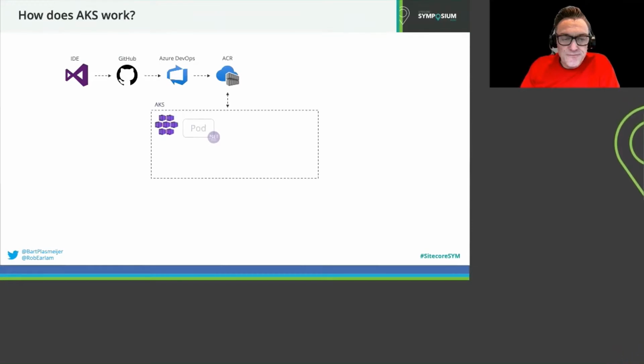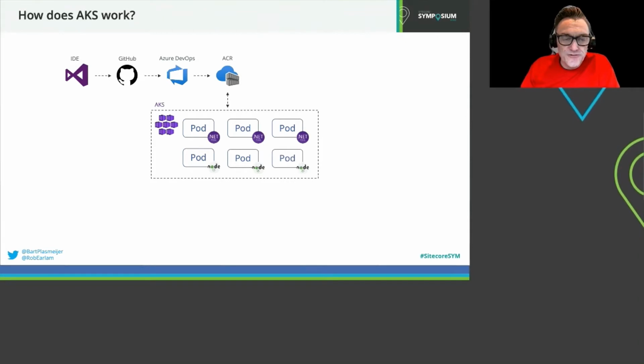Okay, how does AKS work? The developer will push a change to GitHub, and an Azure DevOps pipeline will be triggered. And at that moment, the containers will be built and shipped to the Azure Container Registry. If the AKS cluster is then up and running, you can deploy your containers to AKS.